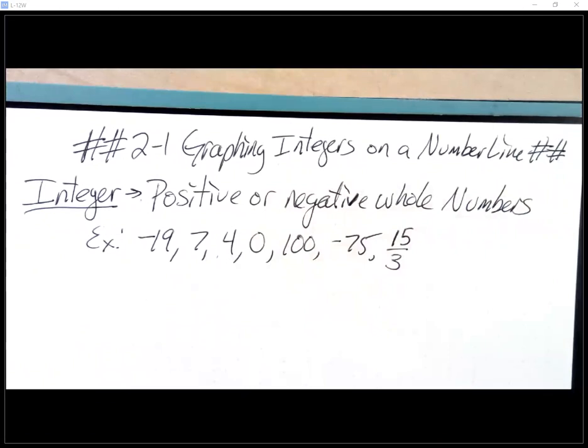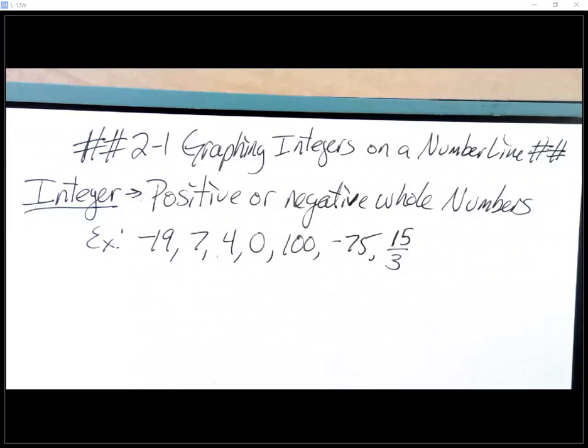But since 15 divided by 3 is just 5, that's really the number that you're seeing in that list. So if it was not such a nice fraction, I couldn't have it in this list. But sometimes they're hidden like that. So don't automatically assume just because it's a fraction that it can't be an integer. There's a chance that it actually is.